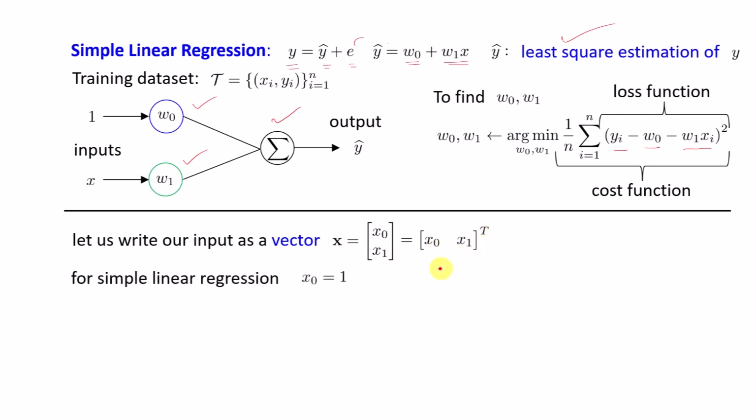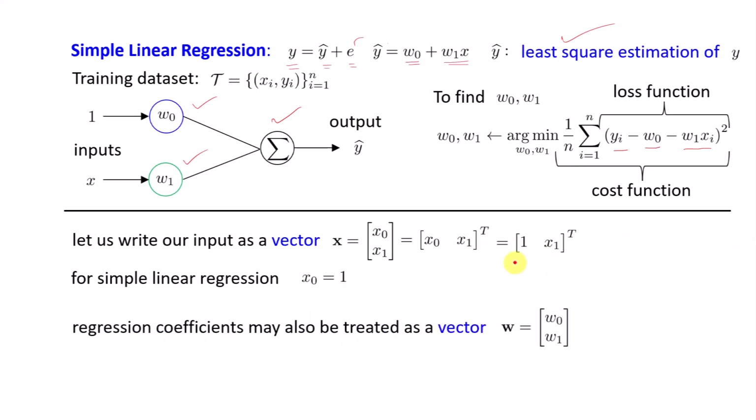In case of simple linear regression, x0 is 1, so I can write this vector as 1, x1 transpose. Now the regression coefficients may also be treated as a vector w, that is W0, W1 column vector, or we can write it as a row vector, W0, W1 transpose. Here W0 we call bias and W1 we call weight.